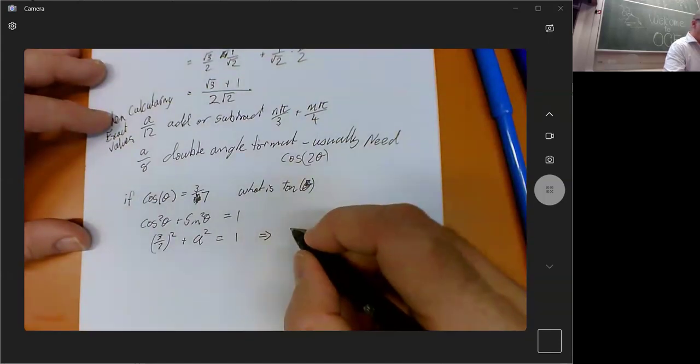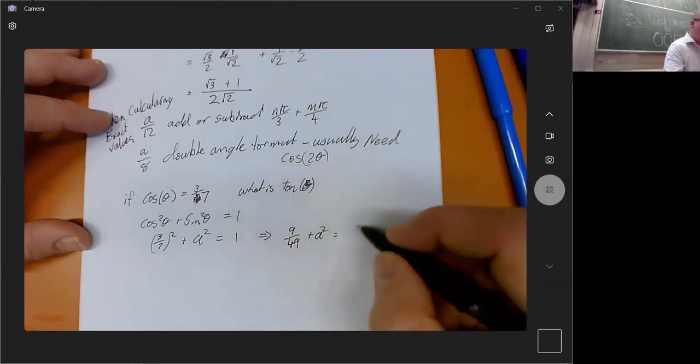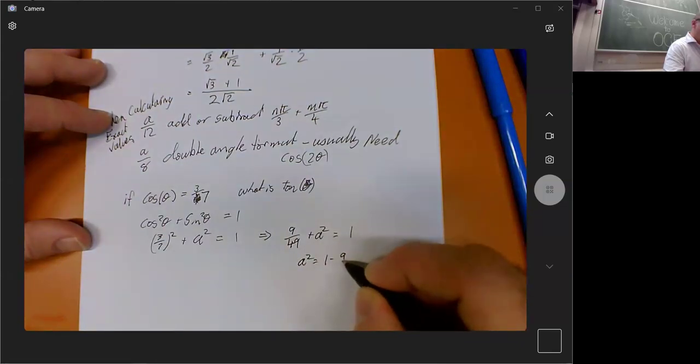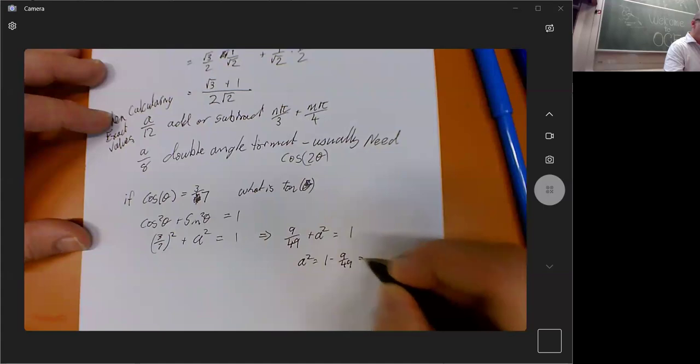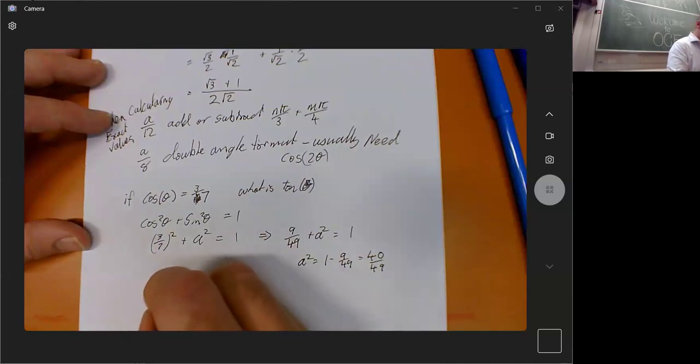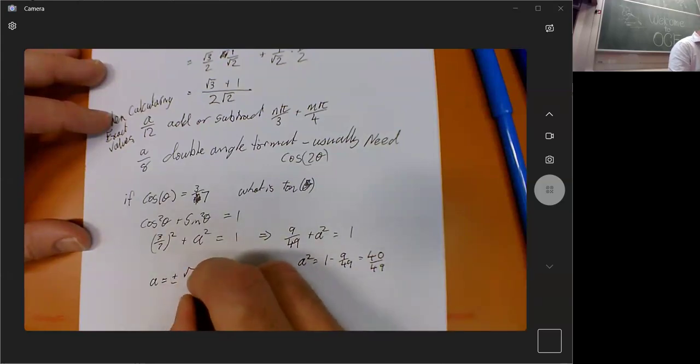We're going to have 9 on 49 plus a squared is equal to 1. A squared is equal to 1 minus 9 on 49, which is just going to be 40 on 49. A is equal to plus or minus square root of 40 on 7.